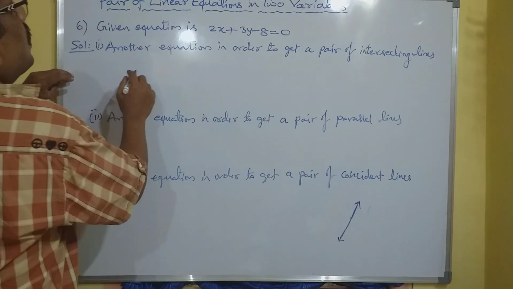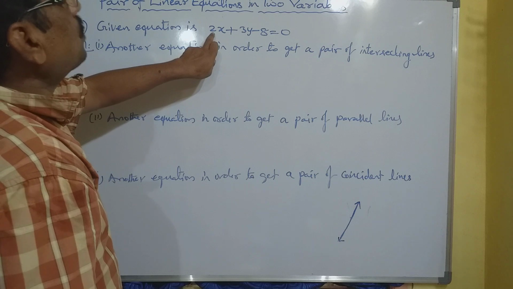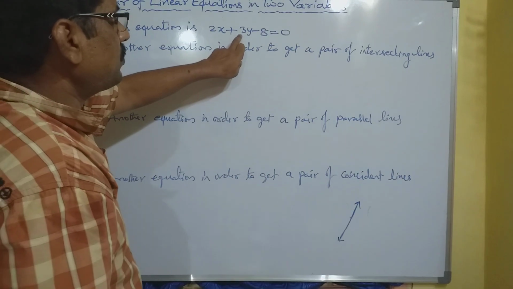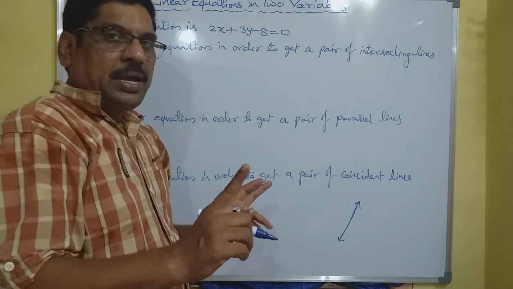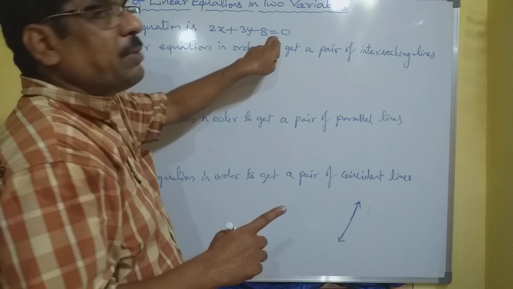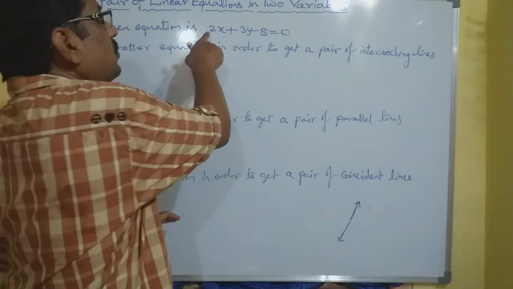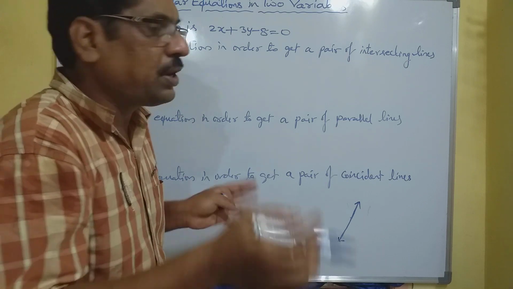For that, see, 2x plus 3y minus 8 is equal to 0. Here the coefficient of x is 2, the coefficient of y is 3 and the constant is minus 8. You multiply different numbers with the 2, 3 and minus 8.